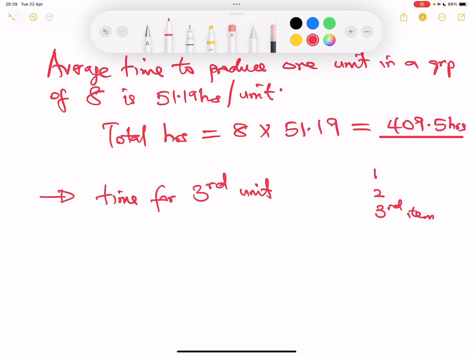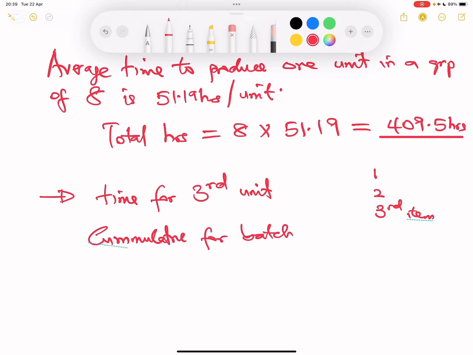We're still going to use the formula, right? And the first thing we have to do, for us to know how long it's going to cost for the third item alone, is to first of all find the cumulative for a batch of 3.